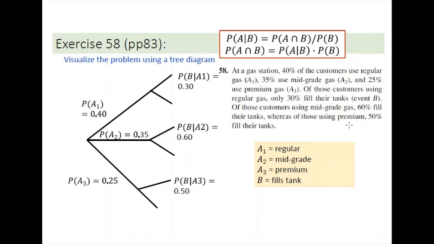And those using premium, 50% fill their tanks. So if they use premium, 50% fill their tanks. You can see that it's a conditional probability. So the probability of filling tanks, given that using premium gas, is 50%.